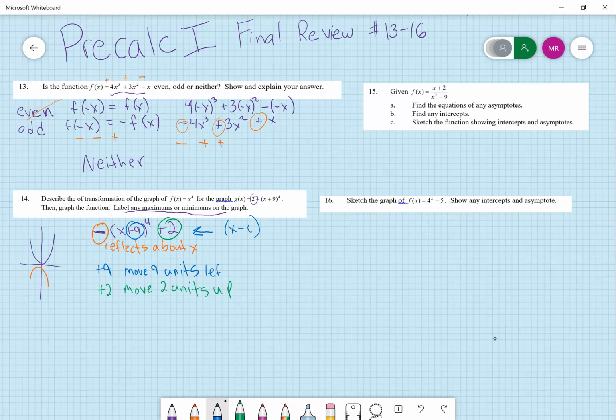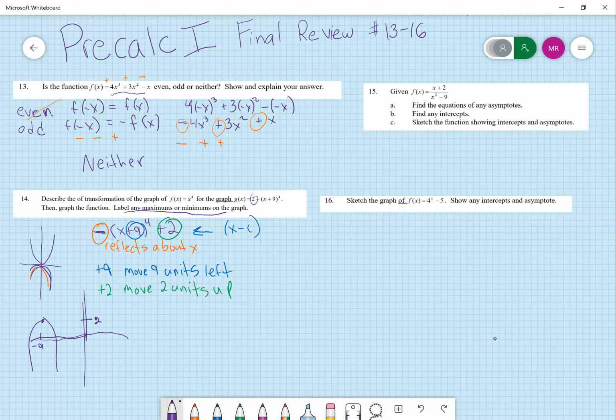So let's draw this. We know that it's flipped about the x-axis, so it looks like an upside down U. And we're going to go 9 to the left. We're going to say that this is 9, so -9, and it's going to go up 2. We know that our vertex is going to be at -9, comma 2, and it's going to be pointing down.